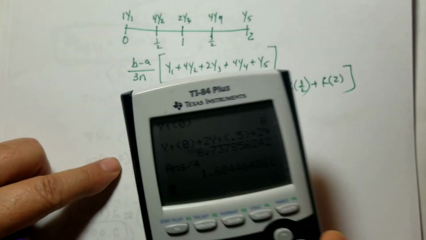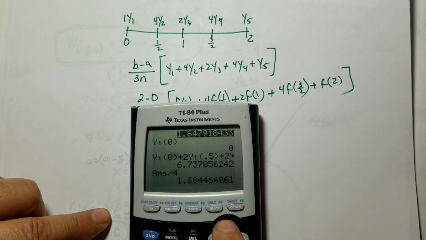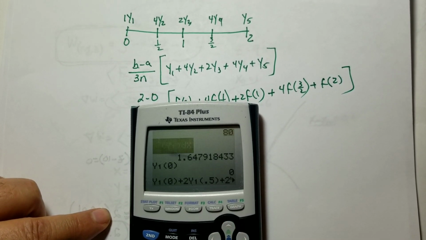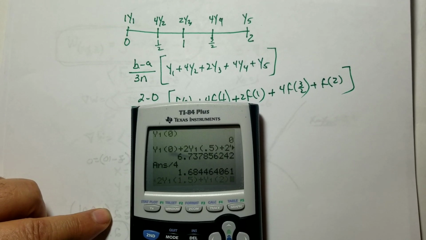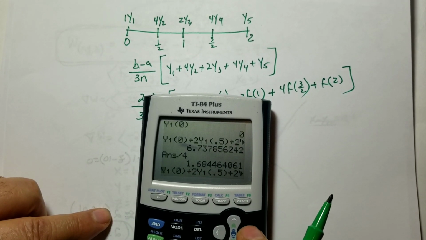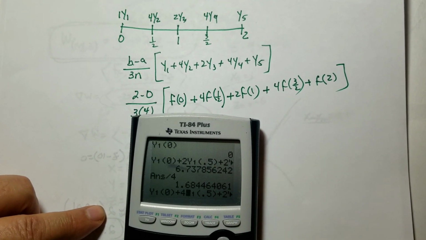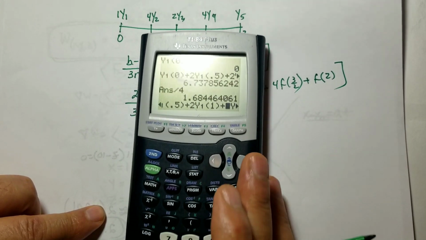Okay, let's go right here. And I'm going to go back. I think we had all of that. I think all of them was right here. But remember, y1 of 0, but in here I need 4 of them. Everything is the same. This is 2, but the middle of this one not needed right here.